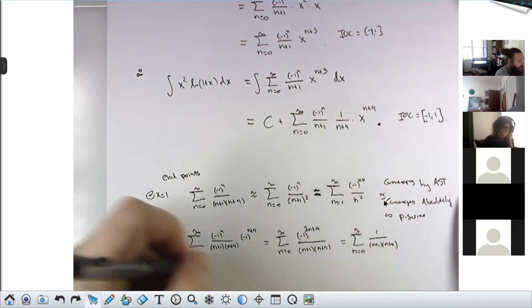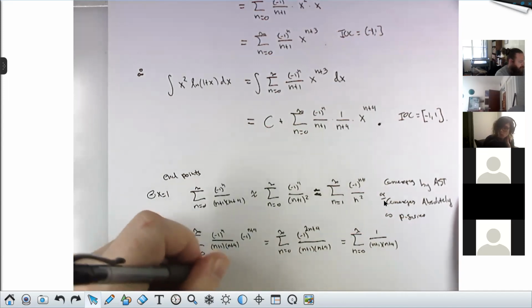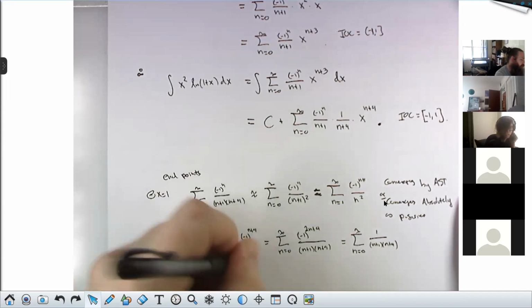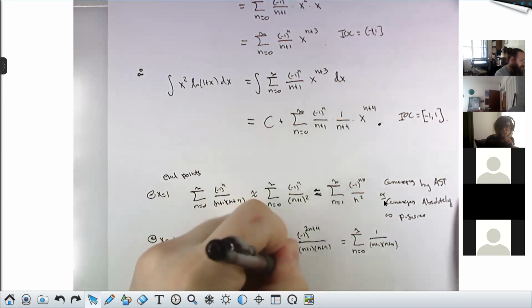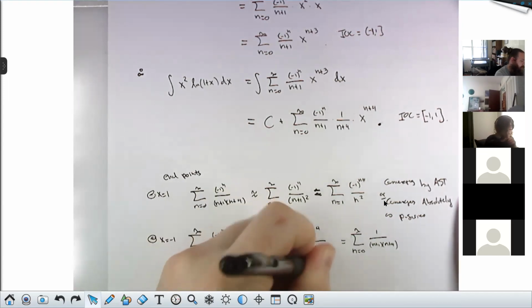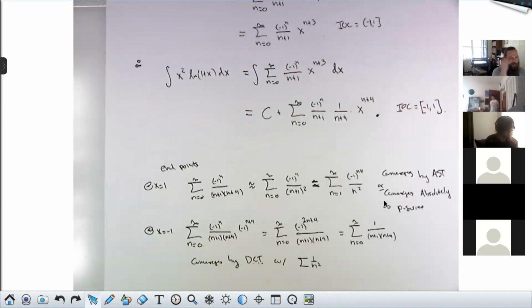And this could be shown to converge by direct comparison, the direct comparison test with sigma 1 over n squared. Again, the big idea is that the denominator is quadratic and the top is constant. So just like the argument here, the top is constant or bounded and the bottom is quadratic, which means you can think of our series as being a lot like a P series with P equals 2.